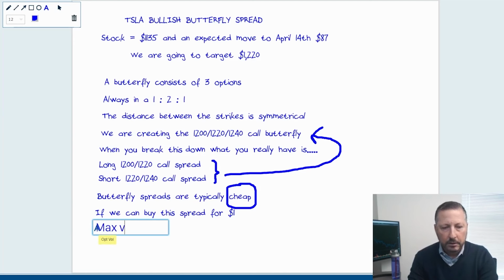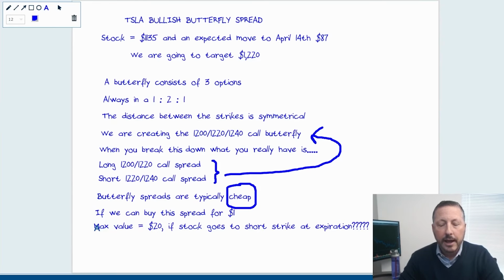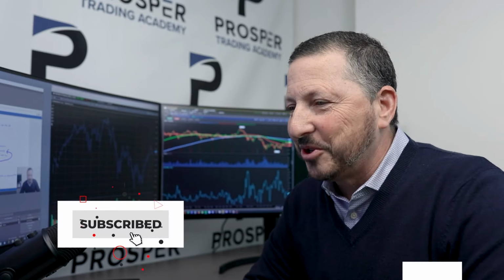It's $20 because if the stock went to the short strike at expiration, our 1200, 1220 call spread will be worth 20, where the short spread that we used to finance the purchase of the long spread is going to be worth 0. So the maximum value is 20.